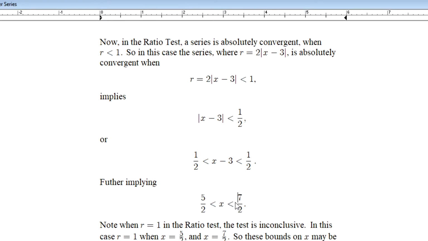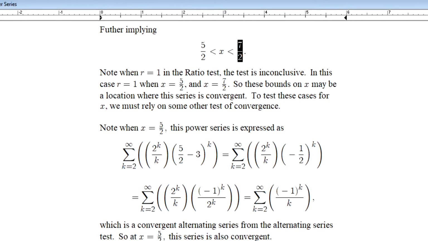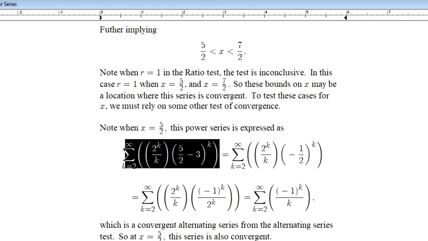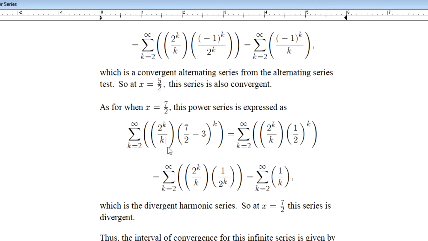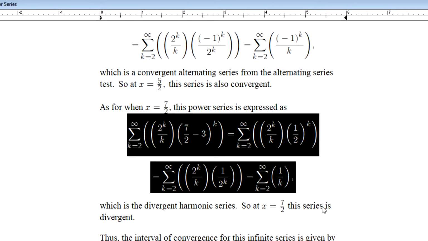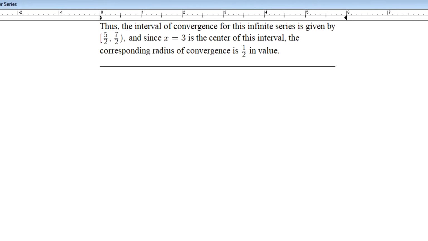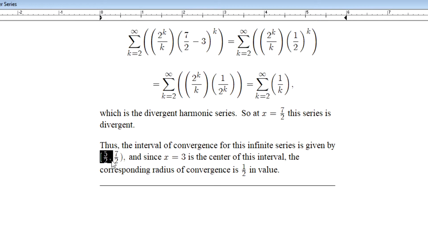But at 5 halves and 7 halves, we have inconclusive results in the ratio test. So we have to test those individually, and we do that below here, where we determined 5 halves converges, but 7 halves does not as a value of x. So we include the 5 halves in that interval, and we remain excluding the 7 halves in that interval.